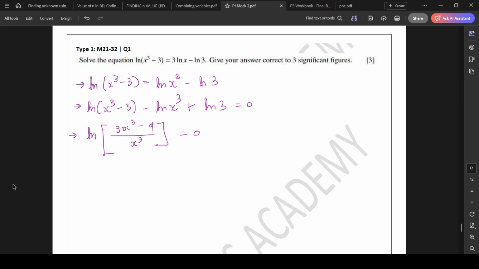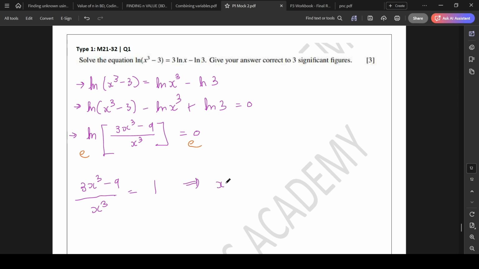Now, if you want to get rid of the logarithm, in this case the logarithm has a base of e. So I'm going to introduce e as the base on both sides and raise the entire equation to the power of e. I know that e to the power of ln of something is equal to that something. So this is the same as writing 3x cubed minus 9 over x cubed is equal to anything to the power of 0, which is 1.